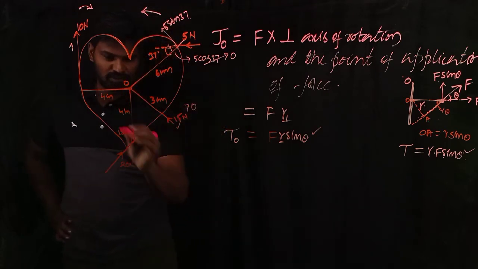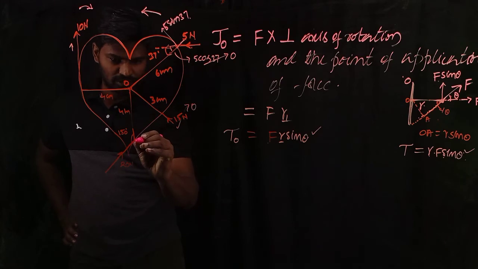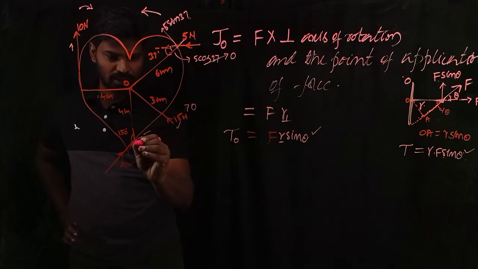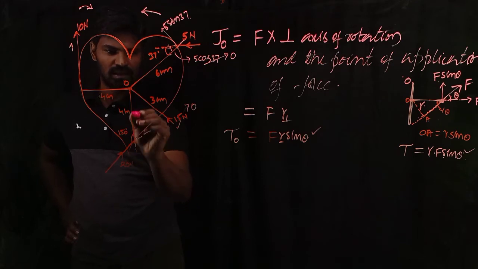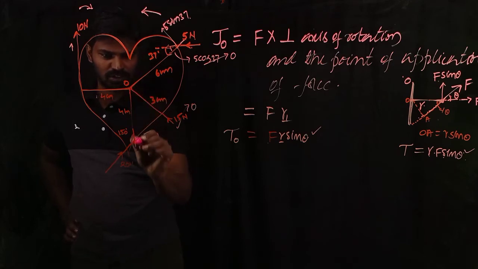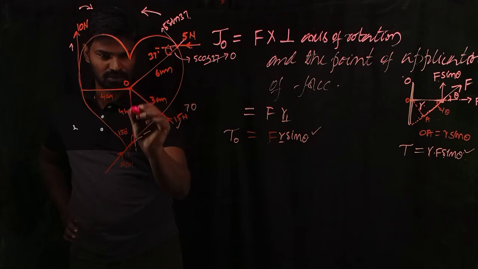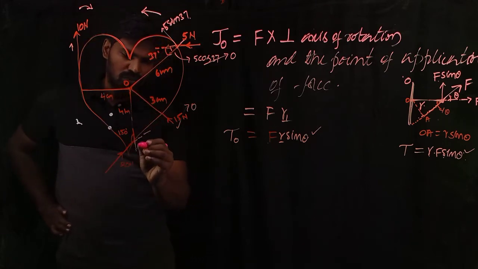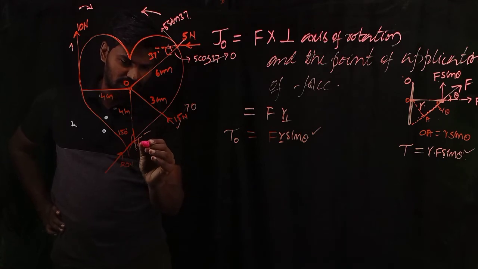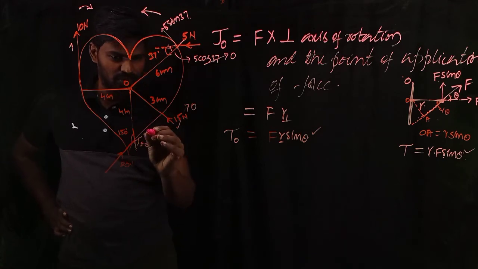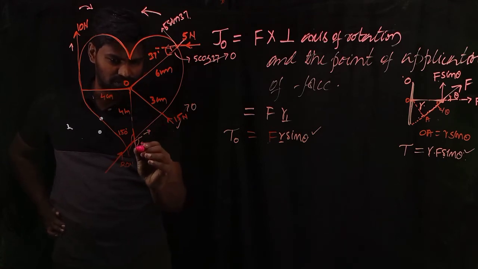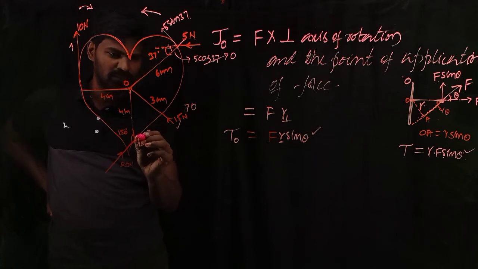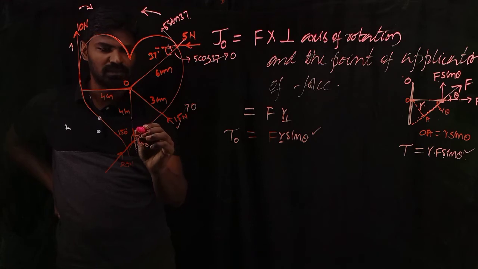And let us come back to this 20 Newton force. Again, what should I do? I will resolve this force into the component parallel to this position vector and the component perpendicular to it. If this angle is 150 degrees, this angle is also 150. Or else, if you take this as 150 degrees, the remaining angle will be 30 degrees.